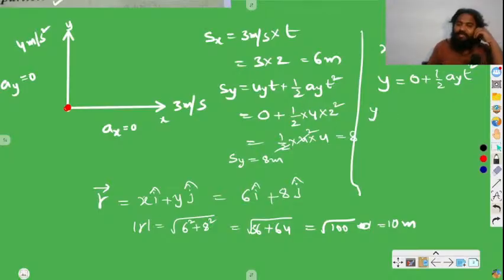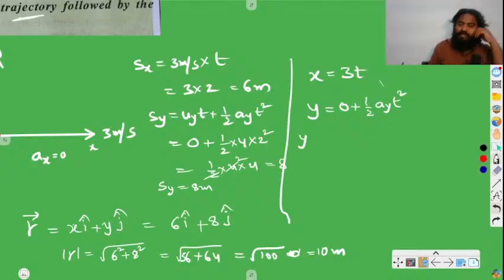Now from this equation, we know very well that t is equal to x by 3. You substitute: y is equal to half into a_y, which is 4, into t square.